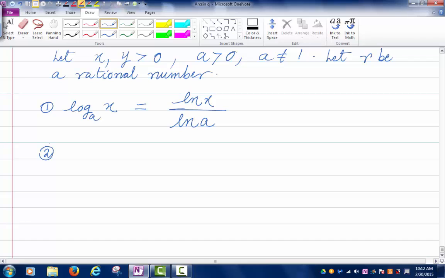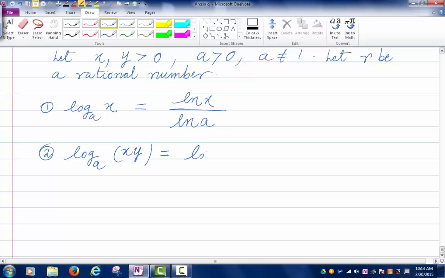Number 2. So that means if you understand the ln function very well, you should understand all the other log functions, because again, log base a of x is just ln of x over ln of a. What is log base a of xy?